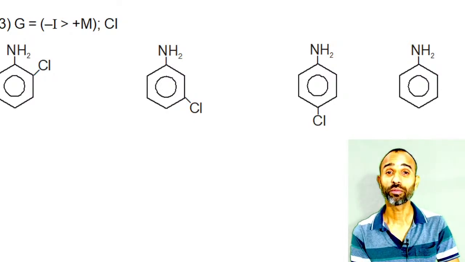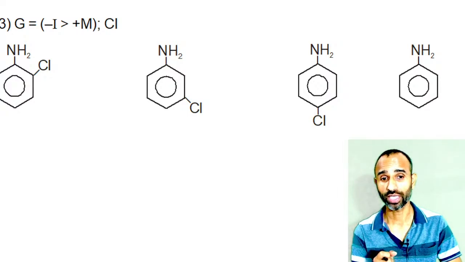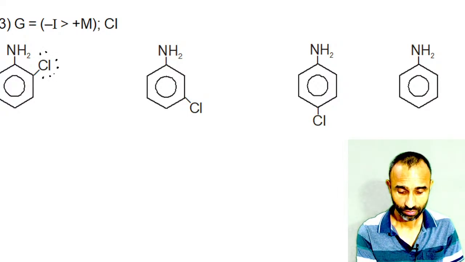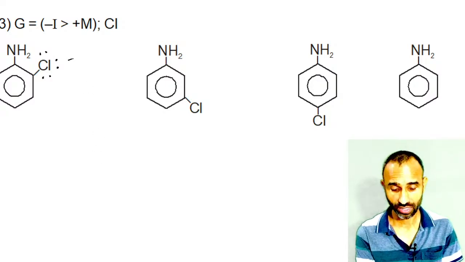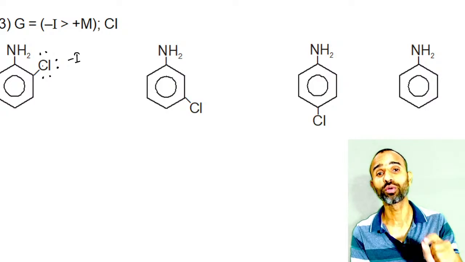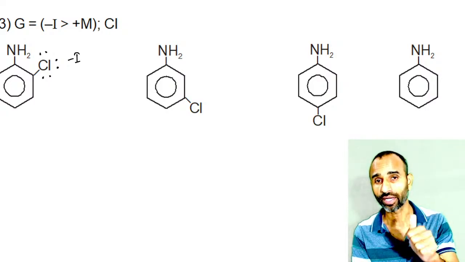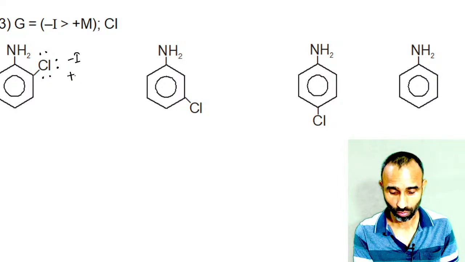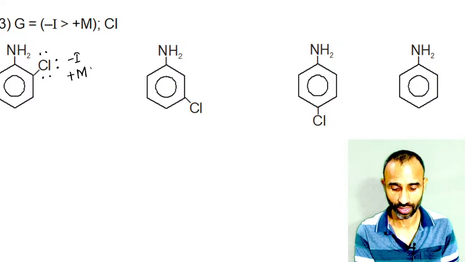For a group having minus I effect and plus M, like chlorine, chlorine is more electronegative, that's why it has minus I effect, and the atom directly attached to the ring has a lone pair. Whenever the atom directly attached to the ring has a lone pair, it will show plus M, or we can say plus R effect.